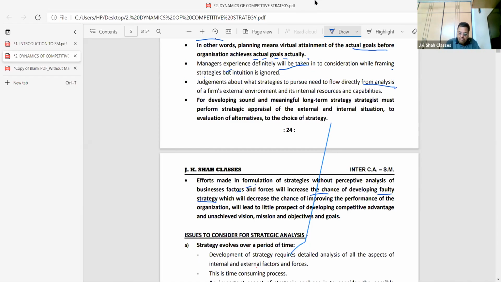Efforts made in formulation of strategy without perceptive analysis of business factors and forces will increase the chance of developing a faulty strategy, which will decrease the chance of improving the performance of the organization, and will lead to little prospects of developing competitive advantage, and unachieved vision, mission, objectives, and goals.